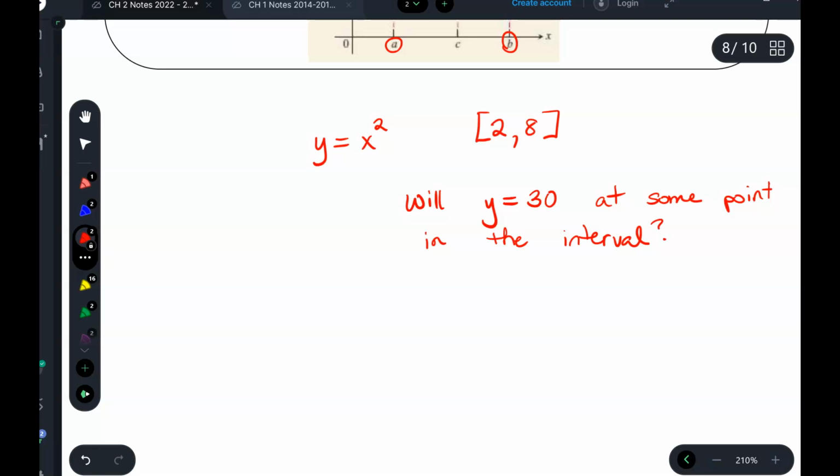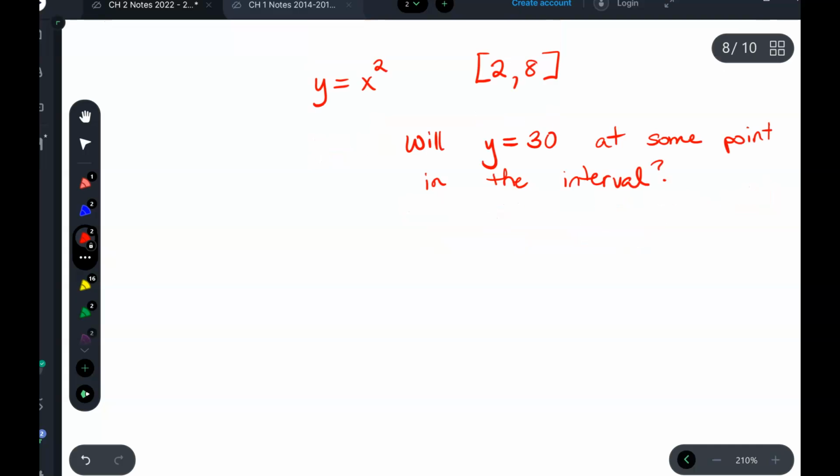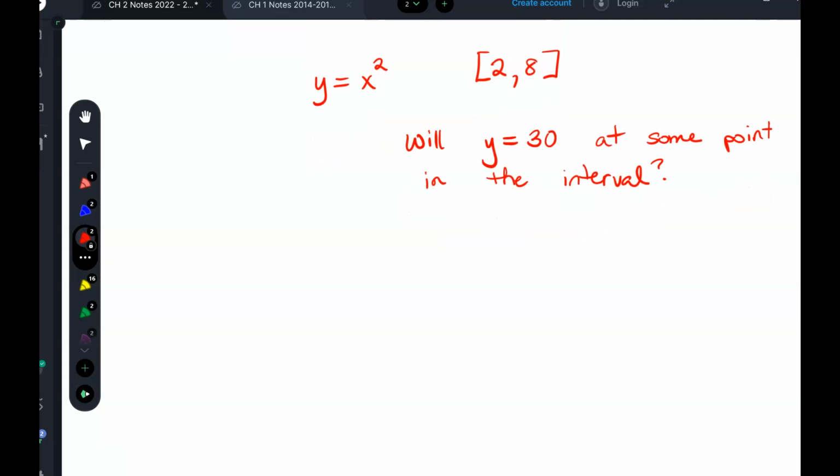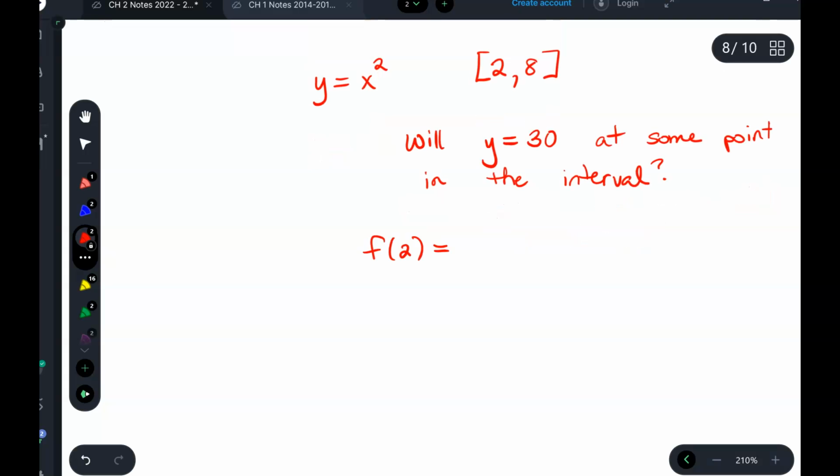Okay. So what's f of 2? 4. And f of 8 is 64.